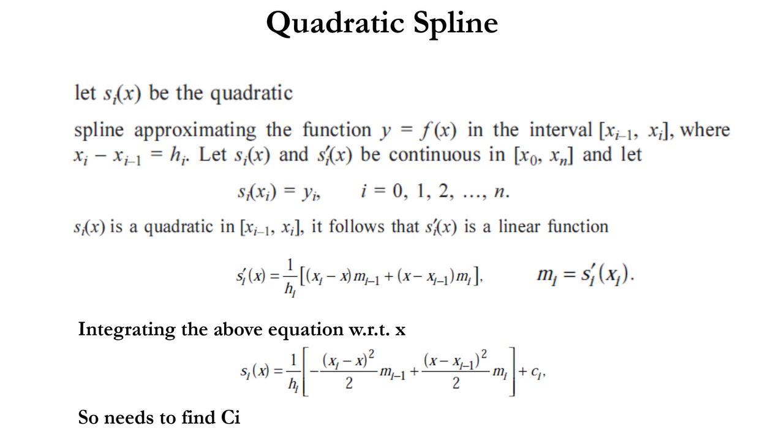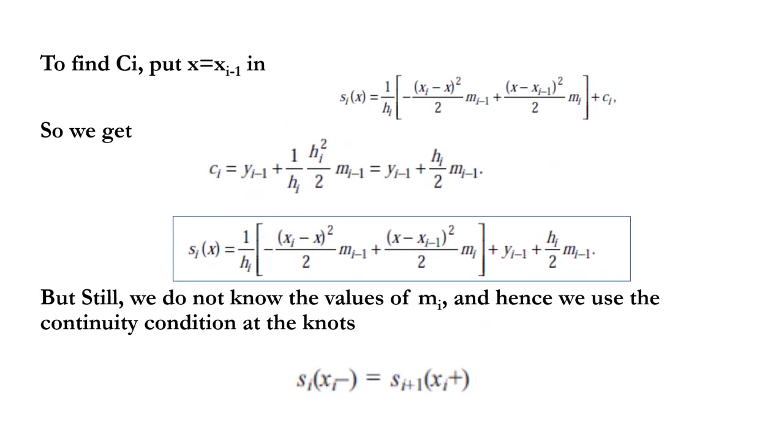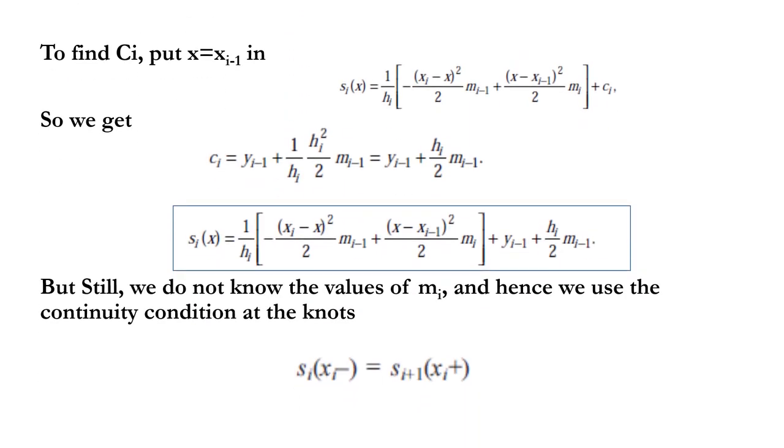So to know the exact form of Si of x, we need to find the ci. What is ci? To find the value of ci, we put x equal to xi minus 1 in the spline function, that is Si of x equal to this one.